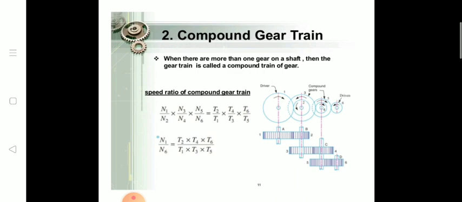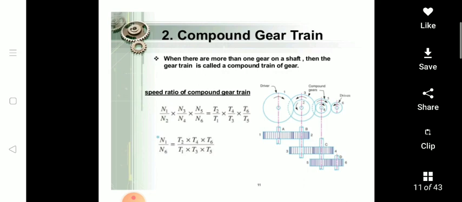And the speed ratio of the compound gear train is also the speed of the driver gear to the speed of the driven gear, and the speed of the intermediate gears is eliminated. But here the teeth on the intermediate gears are not going to be eliminated. Why?